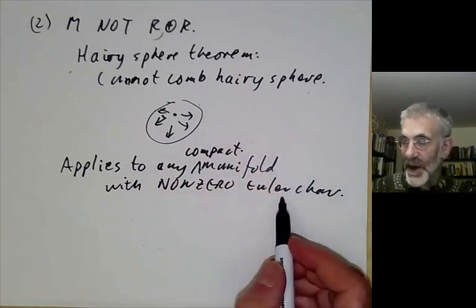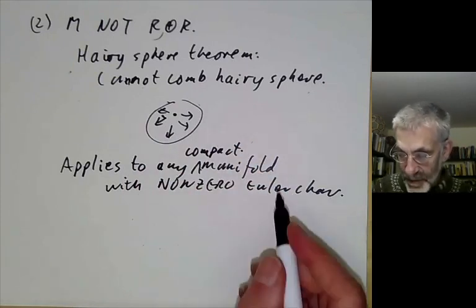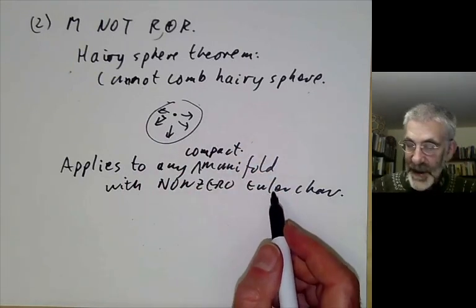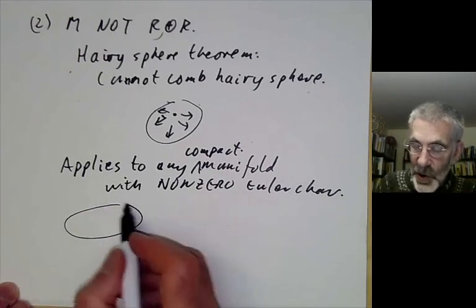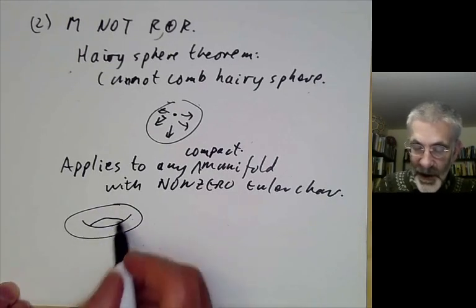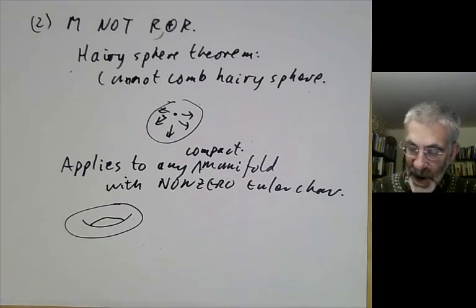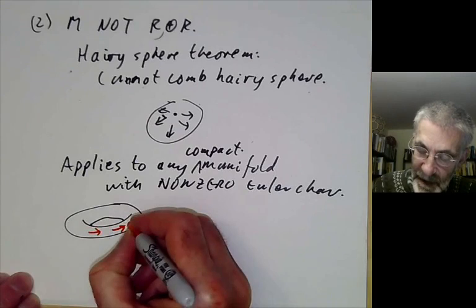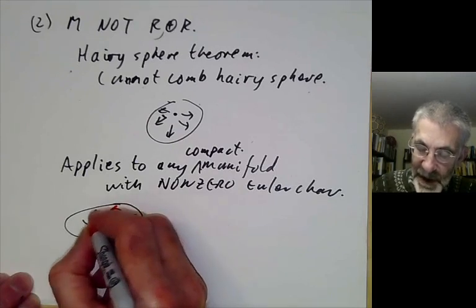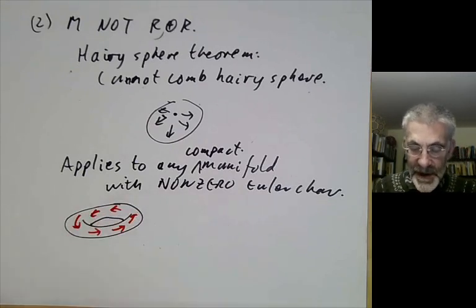So the sphere has Euler characteristic 2, which is non-zero. If you look at something like a torus, which has Euler characteristic 0, then you can indeed comb it, because, for instance, we could just comb it nicely by going round in that direction like this.